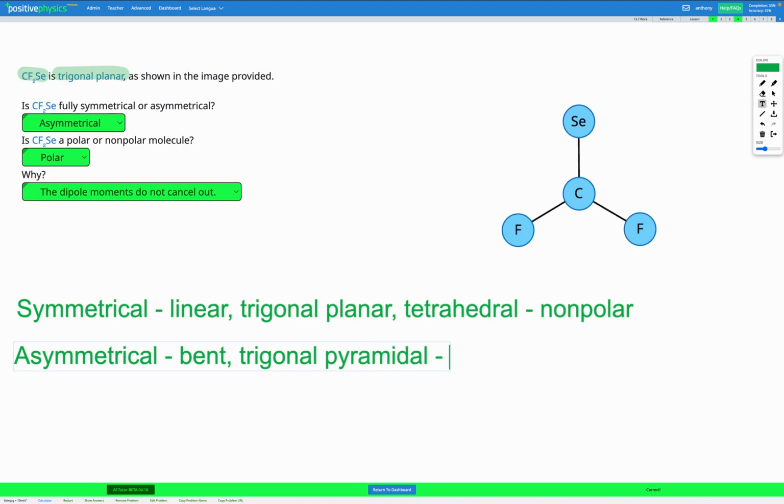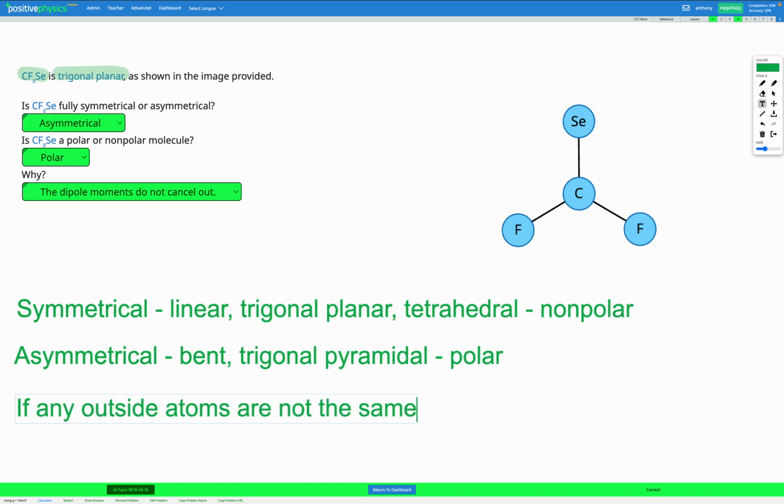Since those are asymmetrical, the dipole moments do not cancel out and they're going to be polar. If any outside atoms are not the same as each other, then it's asymmetrical and polar. So even if we have a symmetrical geometry, if the outside atoms are not the same, it's asymmetrical and polar.